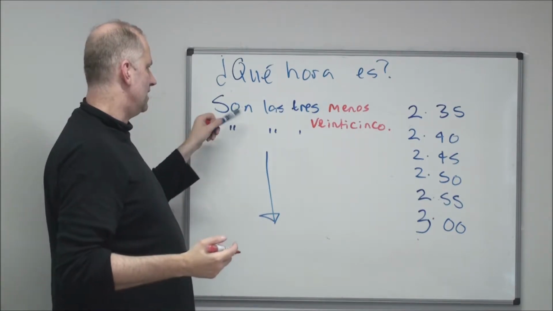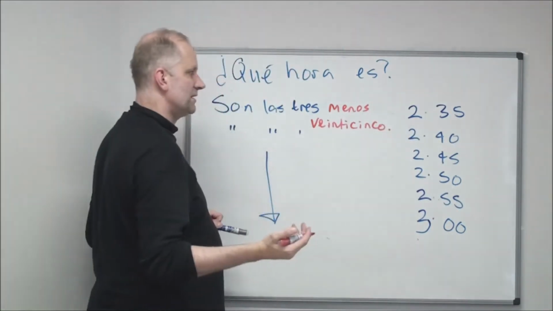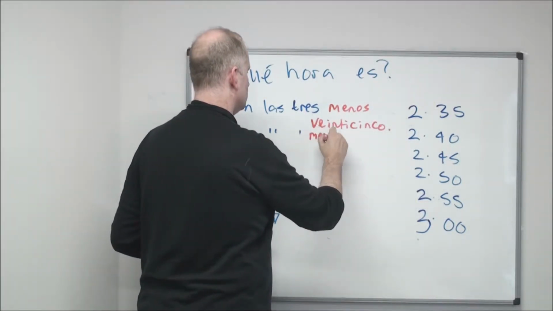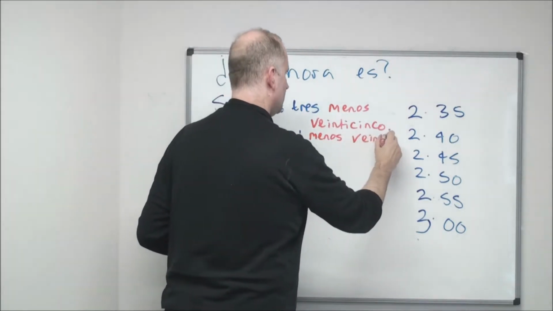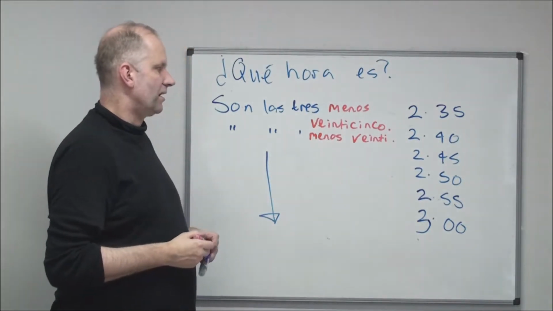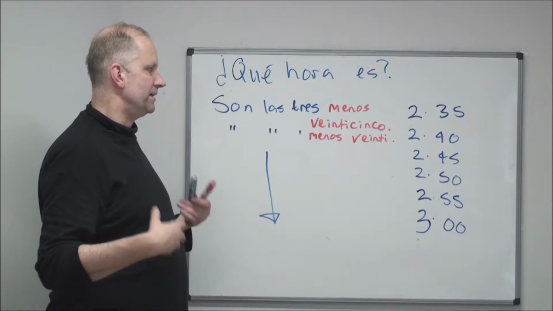So carrying on like that, son las 3 menos, so it's 20 to 3, son las 3 menos 20. And then this one you could say it's 3 o'clock less 15, or a better one would be quarter to.